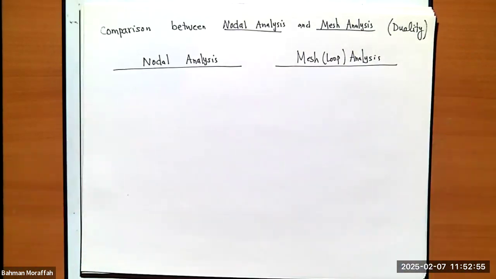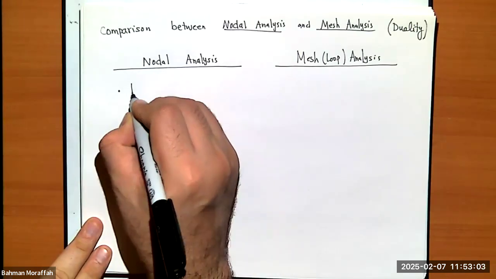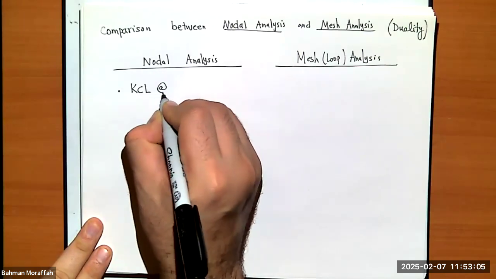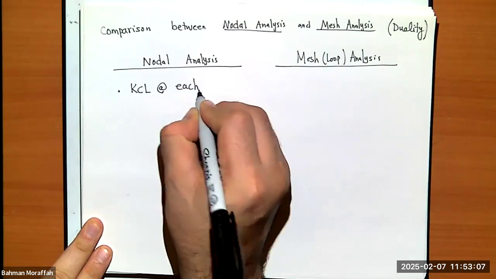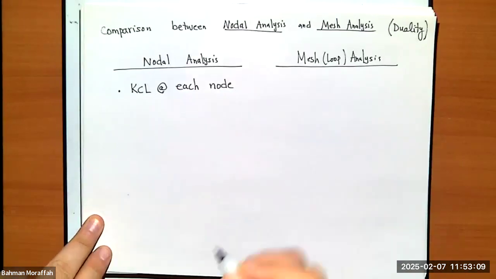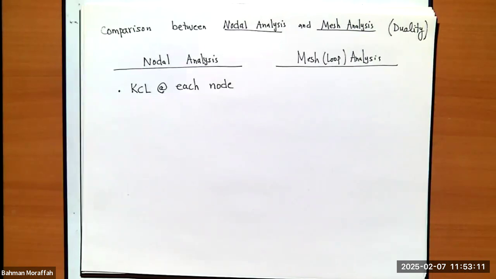The first thing we know about nodal analysis is that we have to write KCL at every single node. Right? That was our method. So KCL at each node. How about the mesh analysis? We wrote KVL for every loop.